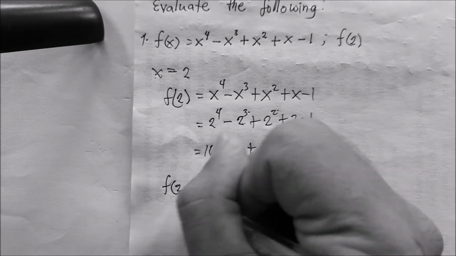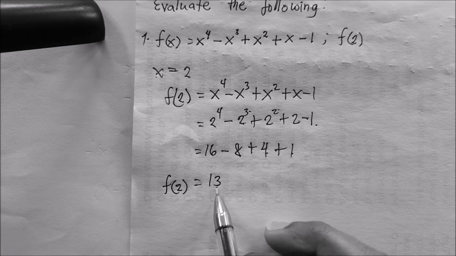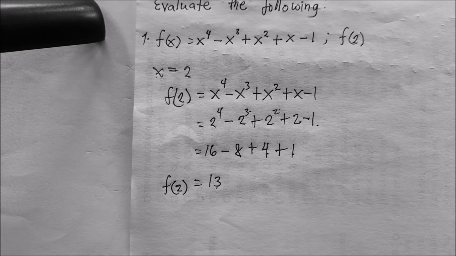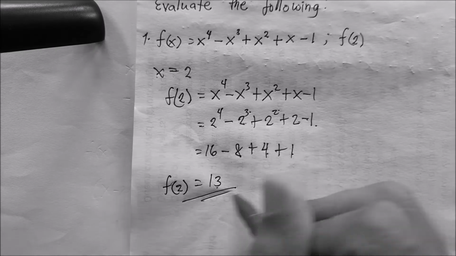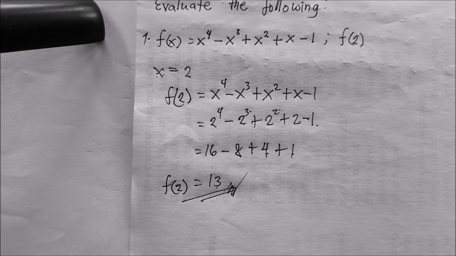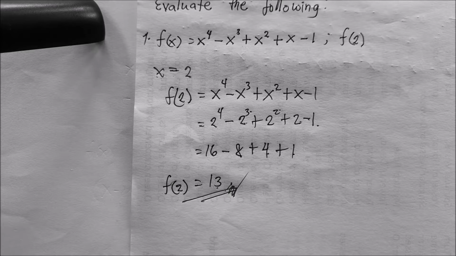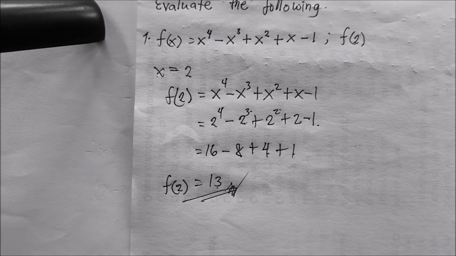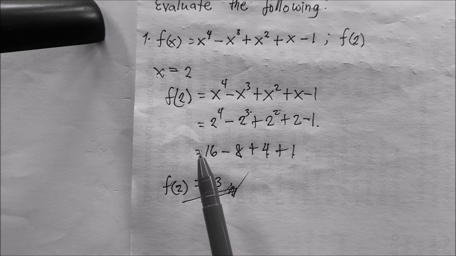F of 2 is equal to 13, and 13 is called the remainder. Without using long division or synthetic division, we can determine the value of f of p, or the remainder, by using the remainder theorem.